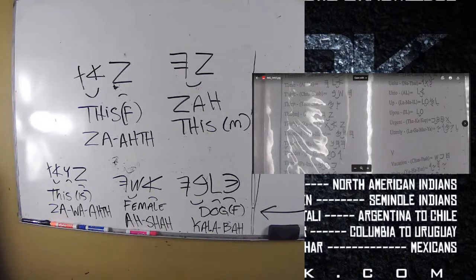This is also how you call a woman a B word. Kalaba. That's how you say B-I-T-C-H. You stupid Kalaba. You dumb Kalaba. You effing Kalaba.